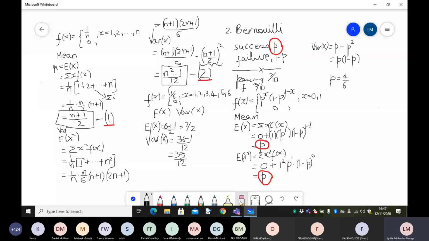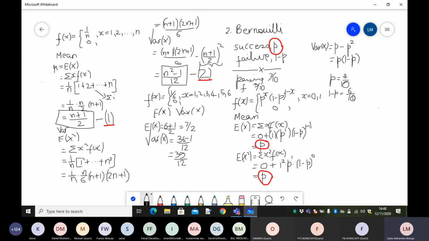So the probability of a success is 4/10, 4 good ones out of 10 items. And of course, if that is the probability of success, then the probability of failure will be 6/10.